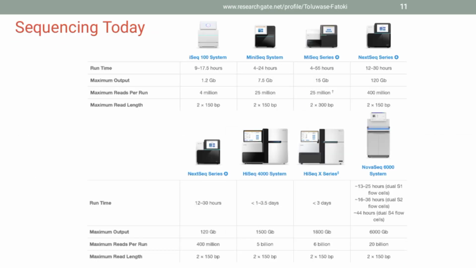So today, to sequence a particular segment of DNA or the whole DNA of your interest, depending on the length, using different machines that are available, if you want to sequence about 1.2 gig, you can do that in between 9 to 12 hours or 24 hours. The bigger the size, the more specific machines that can handle it are also available.